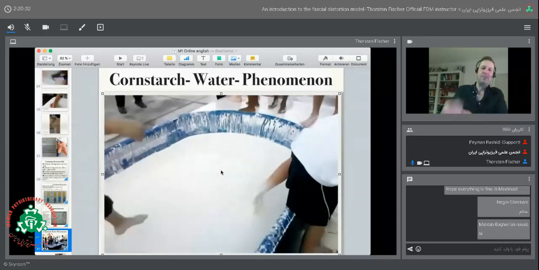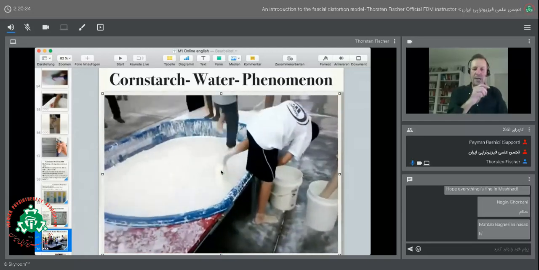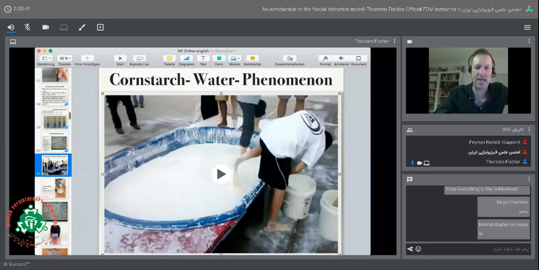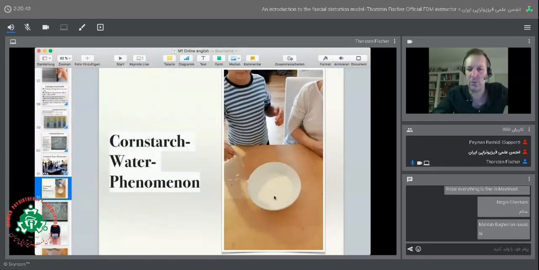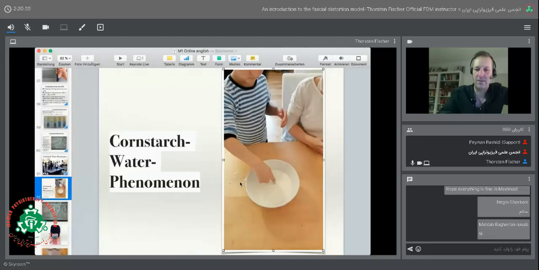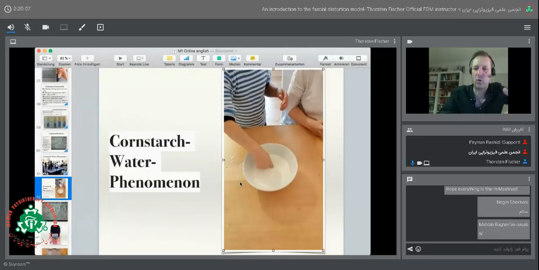Yes, it's a material which doesn't listen to the laws of Newton. I even tried it here with my children. You see my son, he's putting his finger inside, and then my daughter, she's hitting it with a hammer. Watch it. See, it's like water.